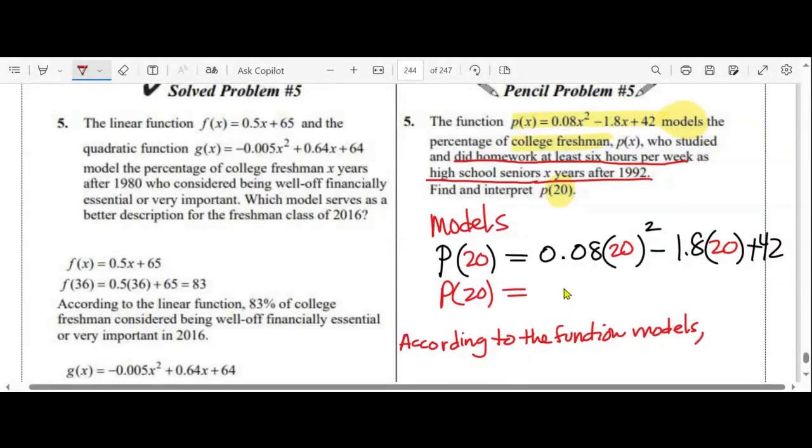What's the answer? 38? 38 like this? Yes.